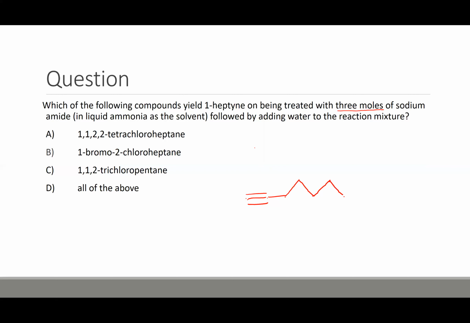So in this case, the first example, A, has a 1,1,2,2-tetrachloroheptane. It's a heptane, so it's a 7-member chain, and it has a lot of chlorines on it. It has chlorine here, here, here, and here.